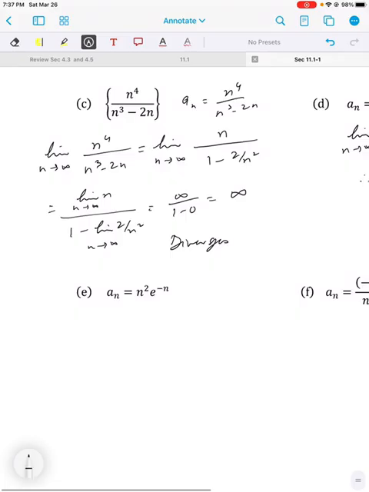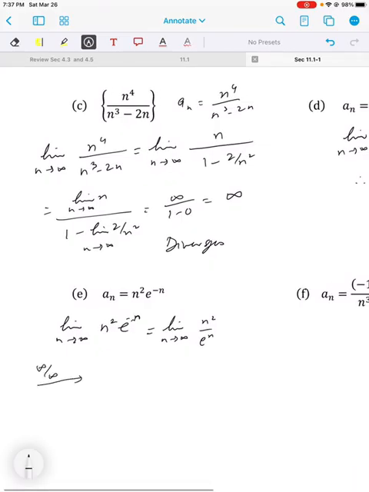Okay, looking at this next one, in this sequence again we are given the nth term already, so we will be finding the limit as n goes to infinity of n squared e to the minus n. If you recall, this is something from Calc 1 that we can find this limit by using L'Hopital's rule. So we can write it as limit of n squared over e to the n. Now in this case it is infinity over infinity form.